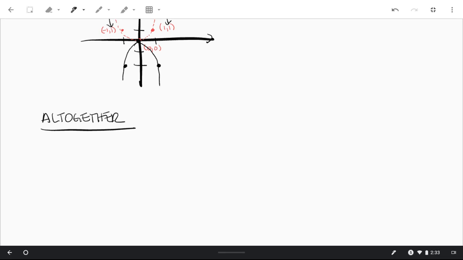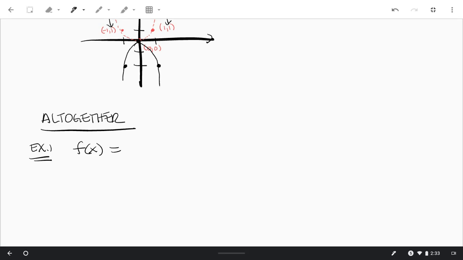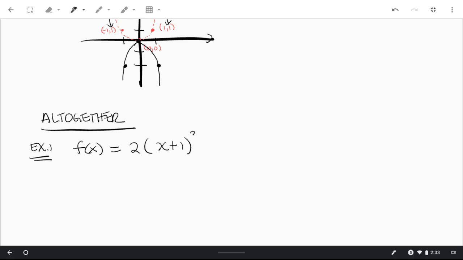All right, so let's look at this graph. Let's do f of x equals 2 times x plus 1 quantity cubed, minus 1. So the parent function here is x cubed.